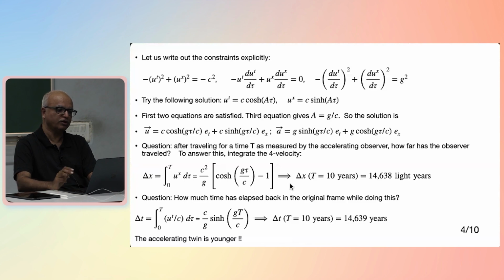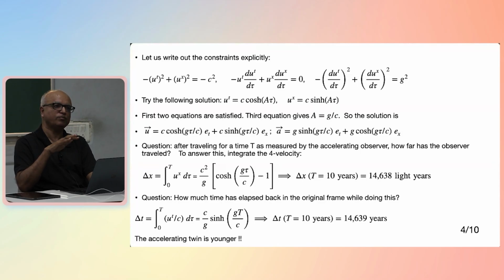Now, I want to do a numerical calculation, put this T as 10 years, g is 10 meters per second square. You, by the way, just estimate this number, it is huge, c square by g. c is 3 times 10 to the 8, c square is 9 times 10 to the 16, about 10 to the 17, 10 to the 17 by 10.